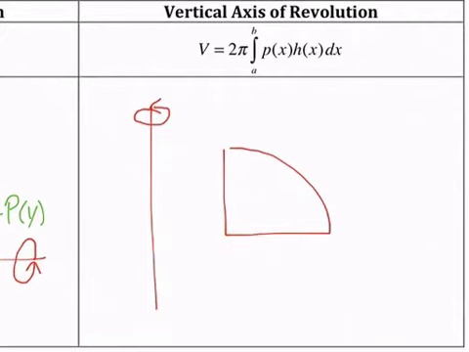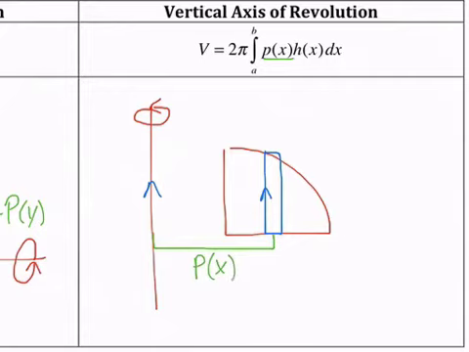So the first thing we do is draw our representative rectangle parallel to the axis of rotation. Then we want to identify p of x, which is going to be the distance from the axis of rotation to our rectangle. Then we identify h of x, which is going to be the height of our representative rectangle.